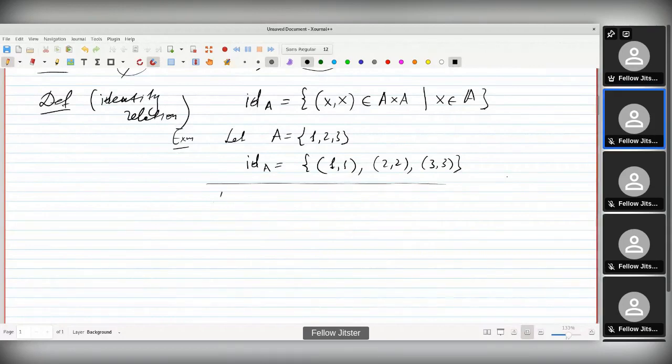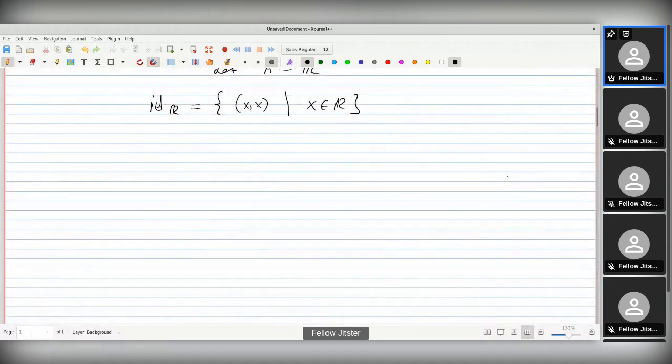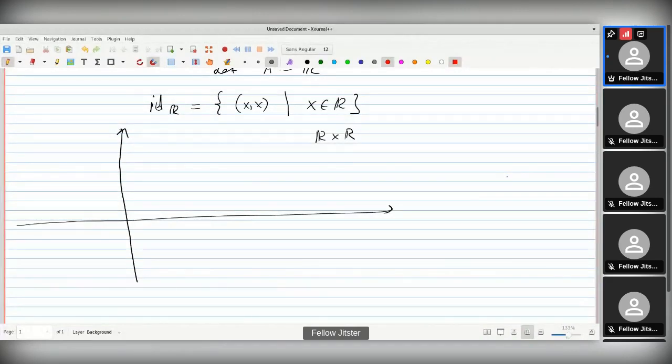Yes. And what if we take reals for our set A? What is the identity relation of R, of the set of all real numbers? It is the set of all pairs of identical reals. And if you consider that as a geometric figure, what would you obtain?